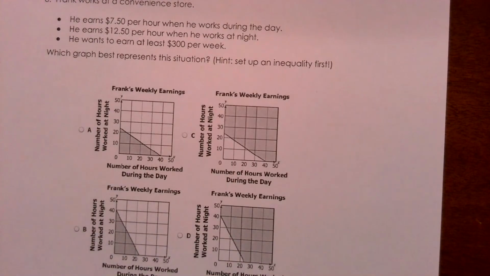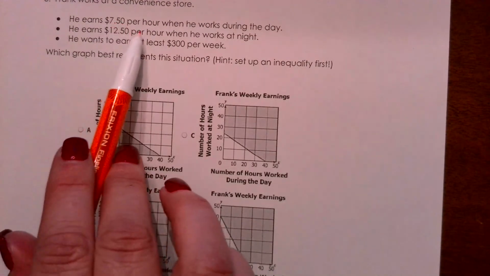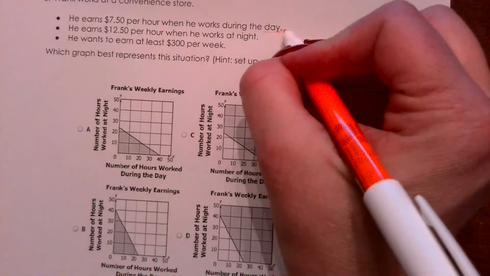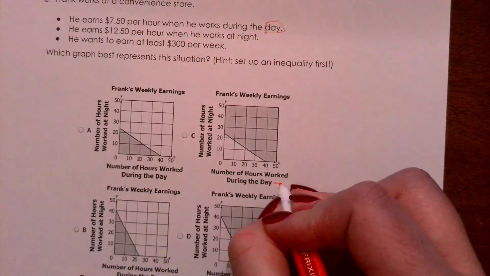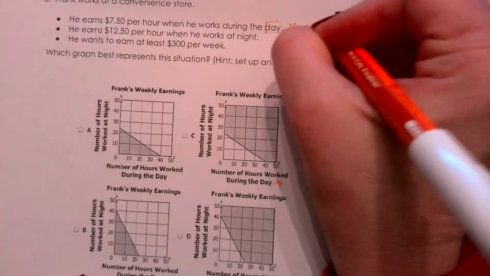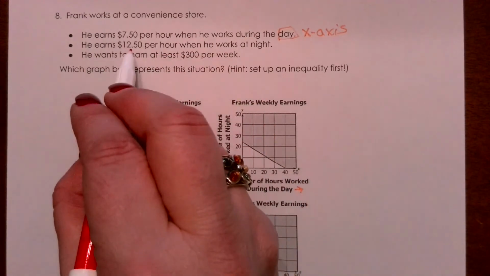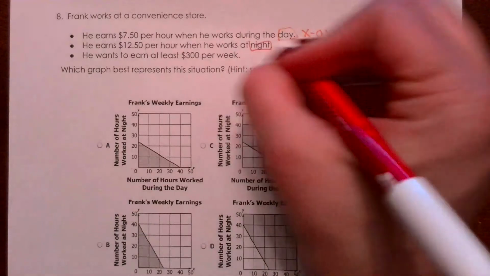It's another word problem. And now I have Frank working at a convenience store. He earns $7.50 per hour when he works during the day. And I can see that day is on my x-axis. I'm just looking at these different graphs, right? This is a situation where I have a graph. Then he earns $12.50 when working during the night.